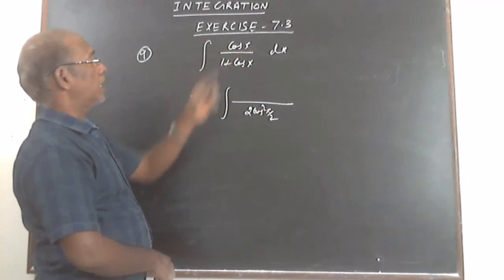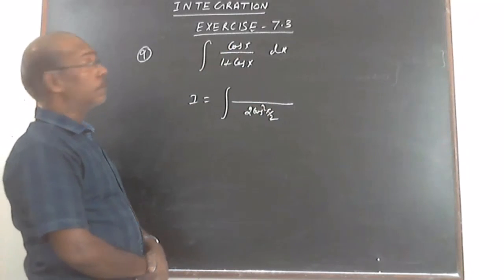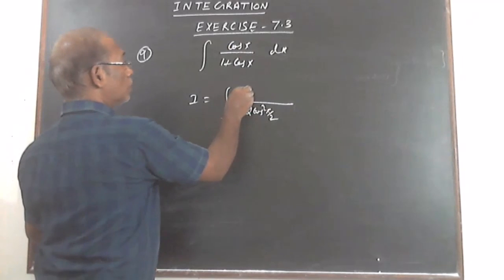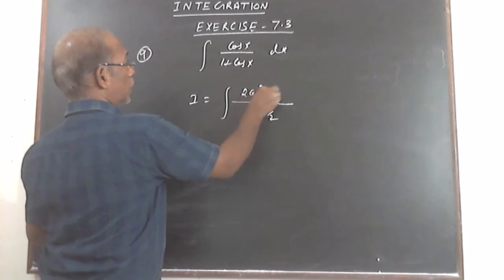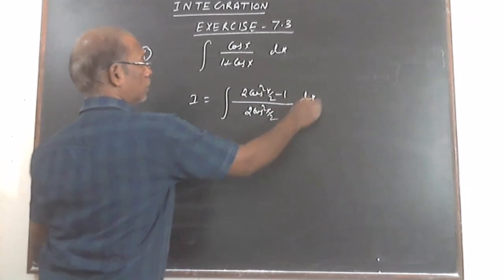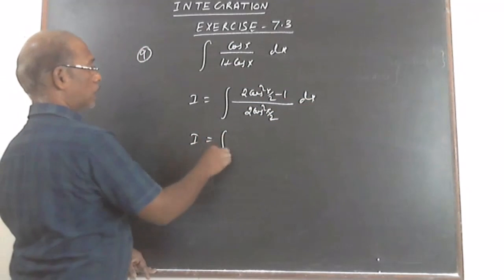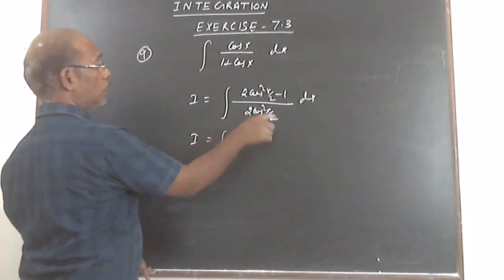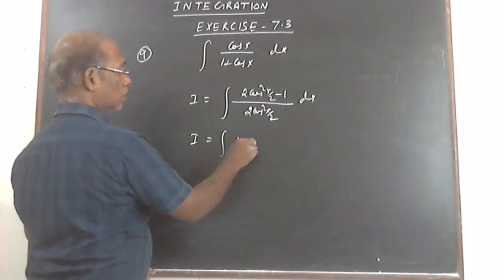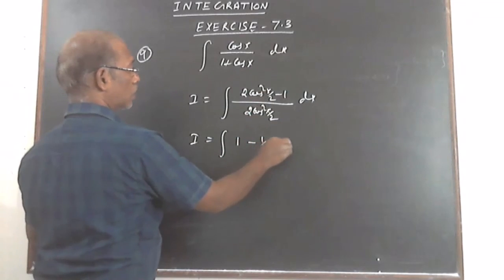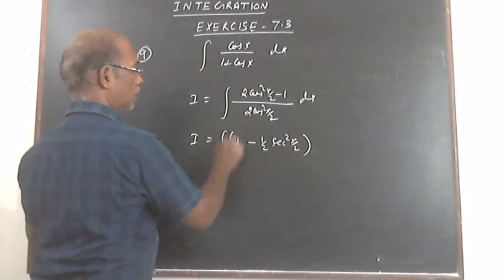We can write the numerator cos x in terms of cos x by 2, that is 2 cos square x by 2 minus 1. Correct? After simplification, 2 cos square x by 2 over 2 cos square x by 2 gives 1, minus 1 by 2 secant square x by 2. Correct?